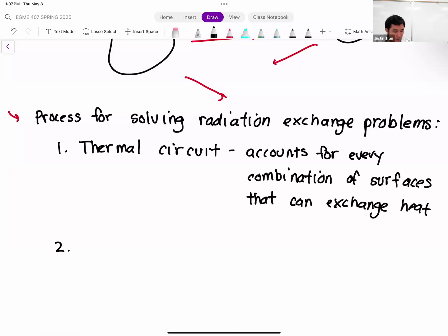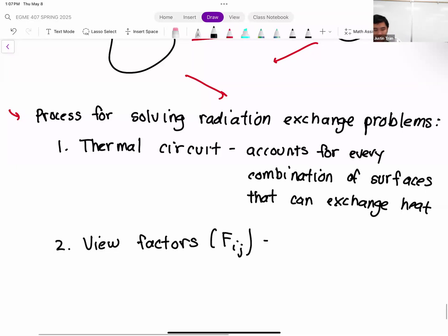Okay. Step two is to compute all the view factors. So the view factors, remember, are the coefficients that we call Fij. Remember, view factors are the primary method that we use to compute radiation between different surfaces.